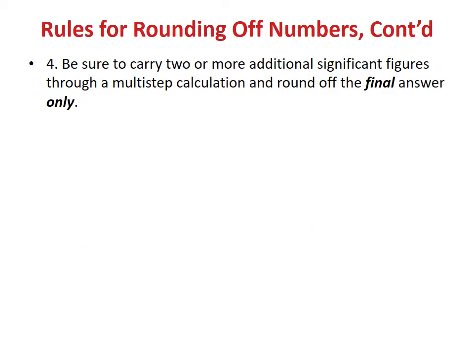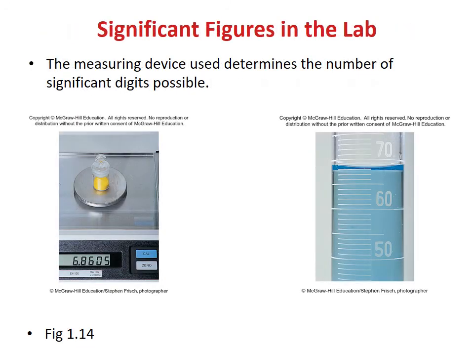When performing calculations, you need to be sure to carry 2 or more additional significant figures through a multi-step calculation and round off the final answer only. The measuring device used in the laboratory determines the number of significant figures possible.